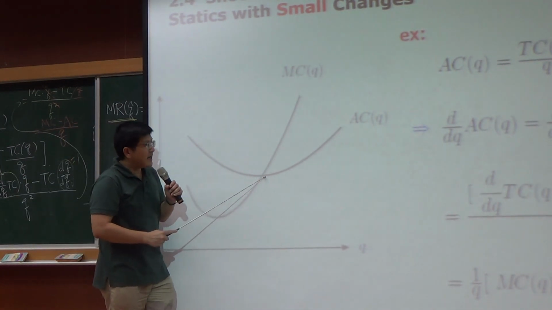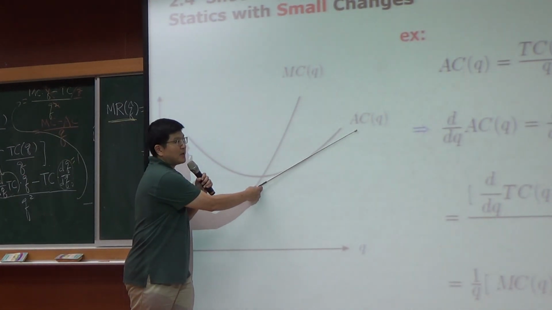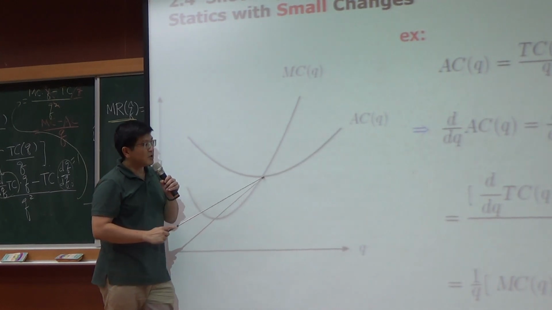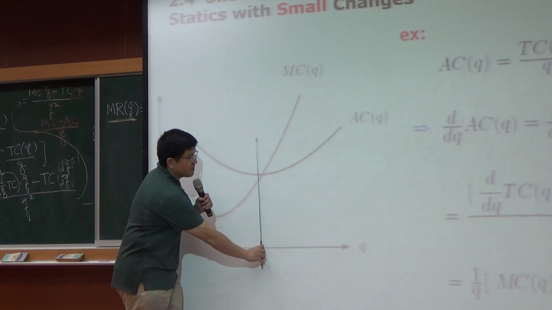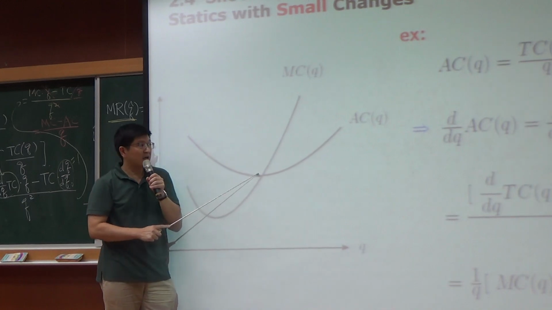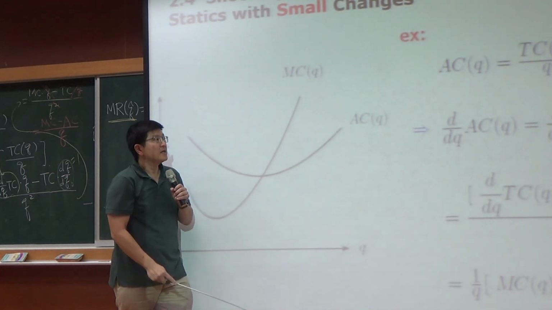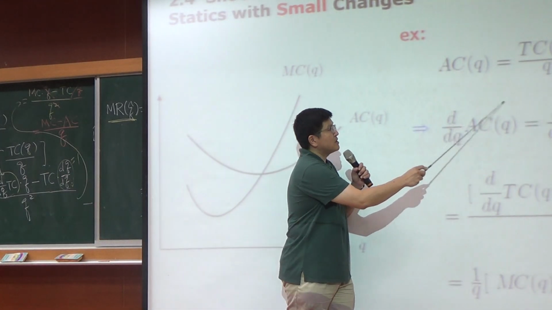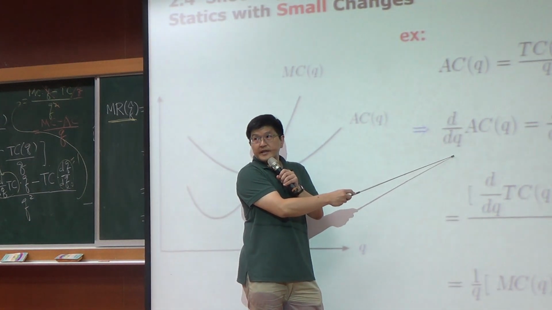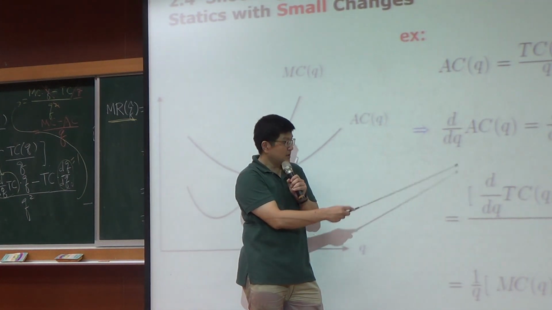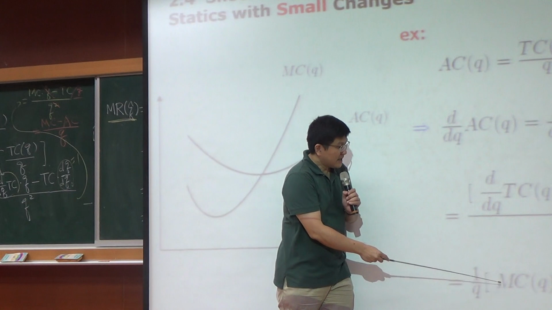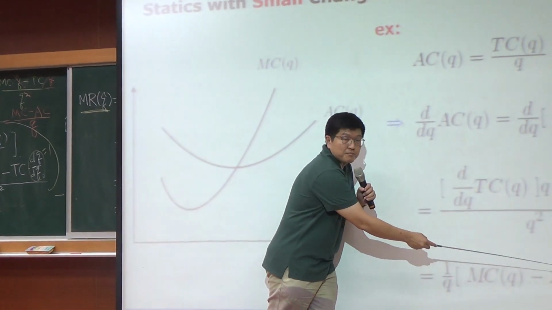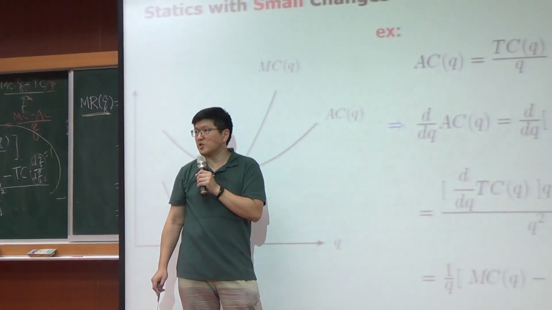But if the slope of the AC curve is positive, when average cost increases in this part, then we know this is the slope of the AC curve. It is positive, so we may conclude that marginal cost must exceed average cost.